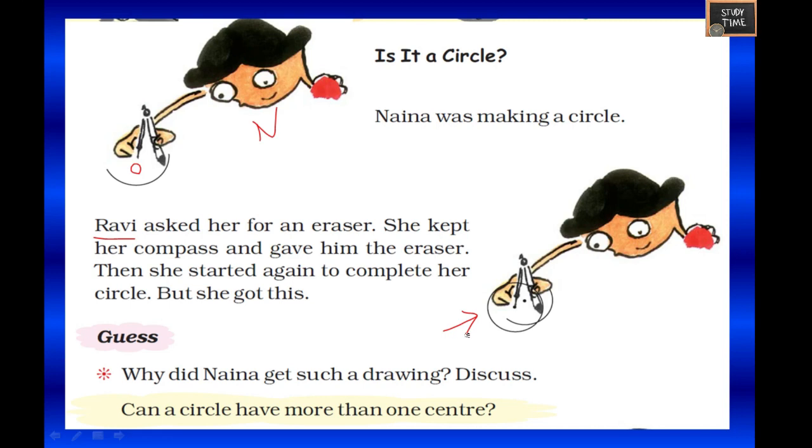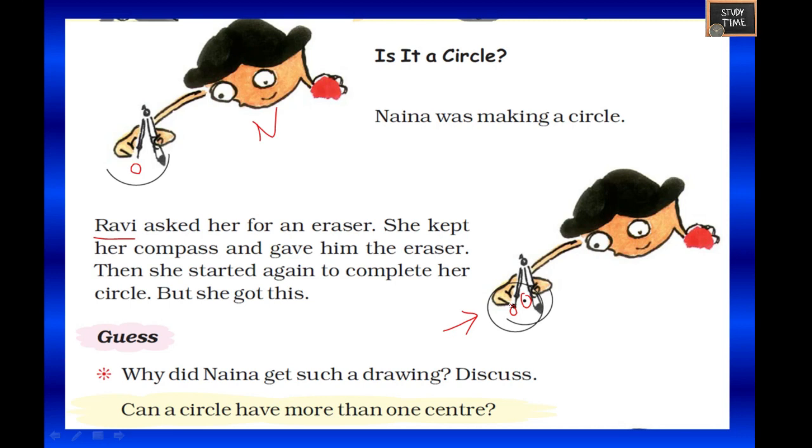When she was drawing, she used this point as center. After giving the eraser, she thought she made another center and started drawing a circle with another center. So she is getting a picture like this.